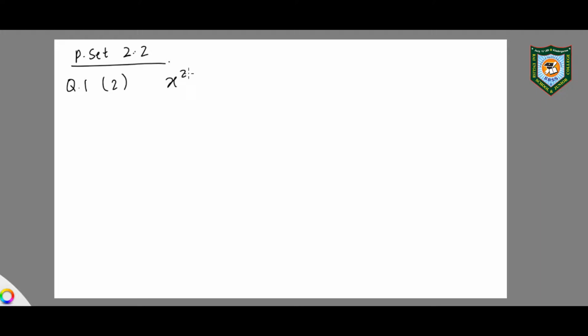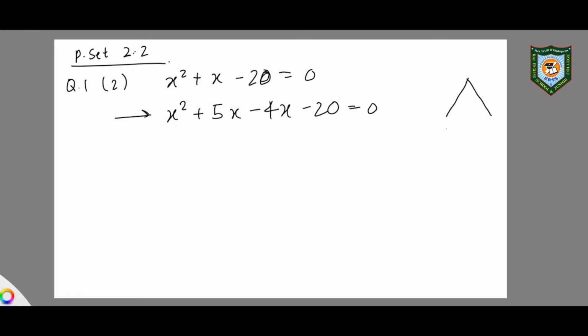I have x square plus x minus 20 is equal to 0. This implies x square plus 5x minus 4x minus 20 is equal to 0. If anybody is wondering, the product of a and c is minus 20 and the sum is plus 1, so I have plus 5 and minus 4.